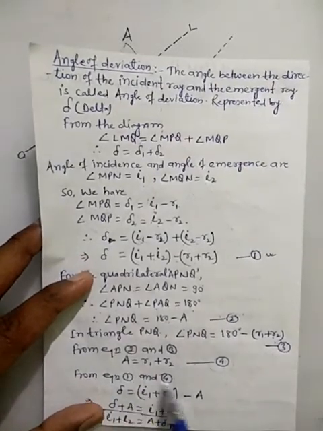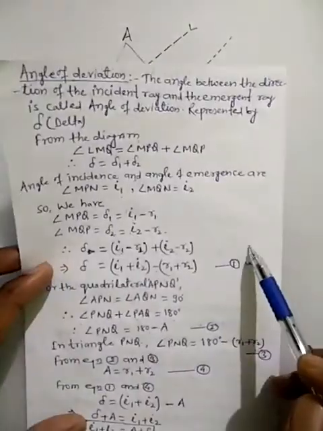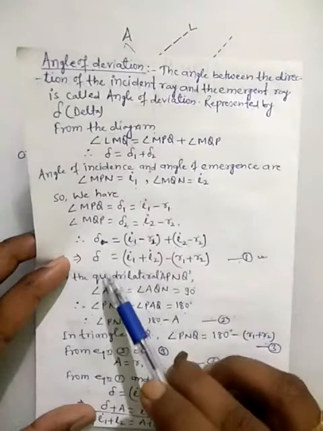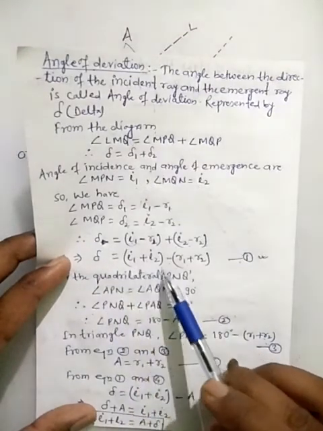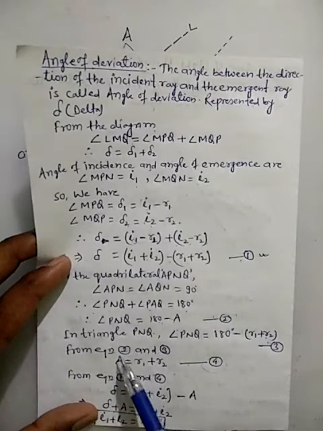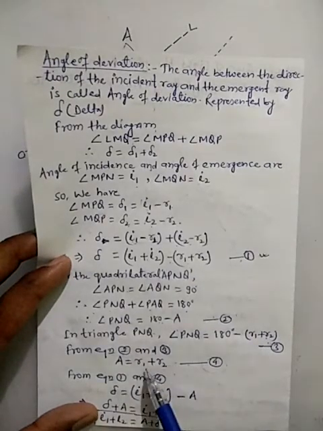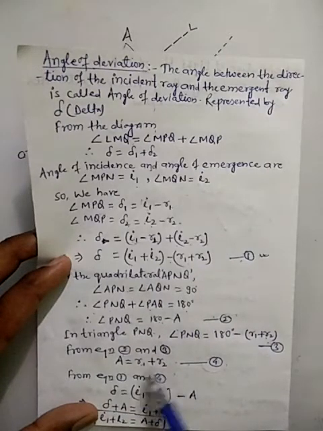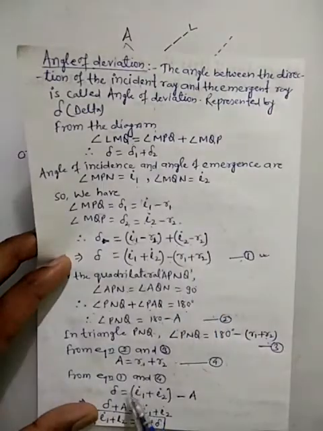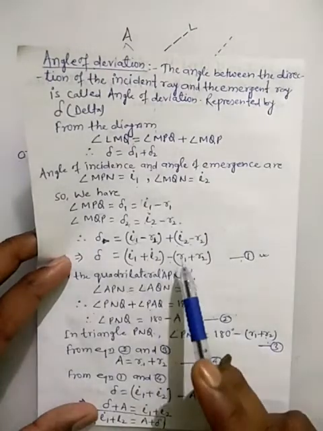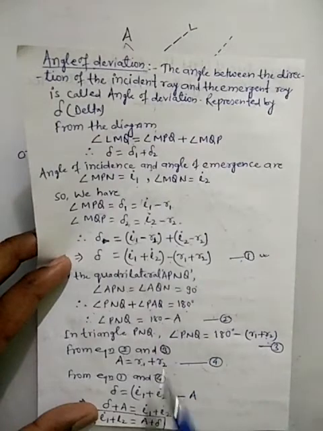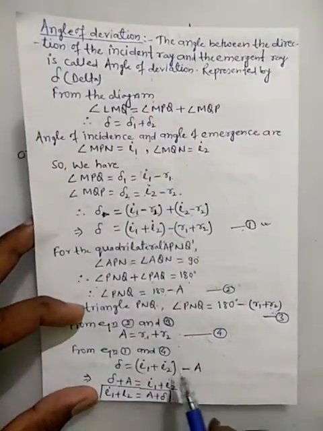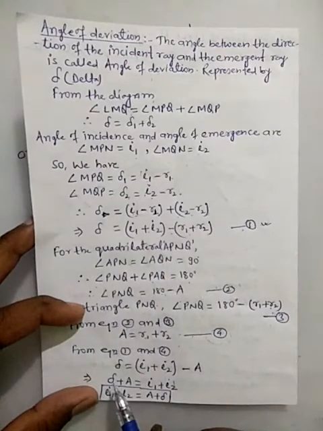Now from equations 1 and 4: equation 1 is delta equals I1 plus I2 minus (R1 plus R2), and equation 4 is A equals R1 plus R2. We can put the value of R1 plus R2 equal to A in equation 1. Then delta will be equal to I1 plus I2 minus A. If we rearrange this equation, delta plus A will be equal to I1 plus I2.